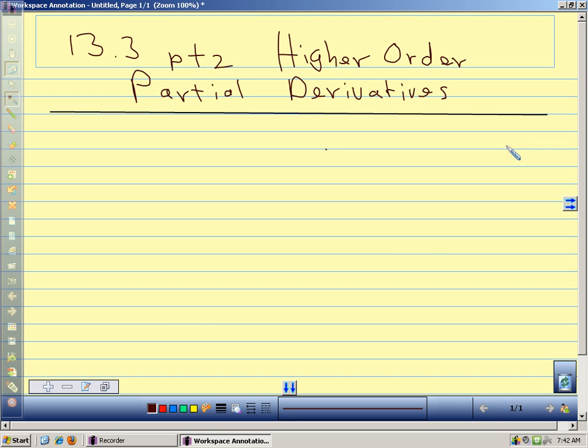Just like we did for functions of a single variable. But because we have more than one variable, we'll just start with two variables.